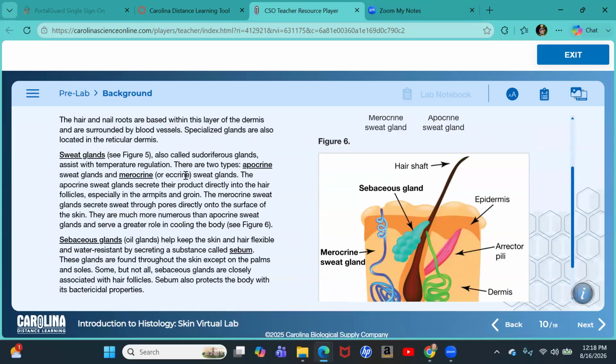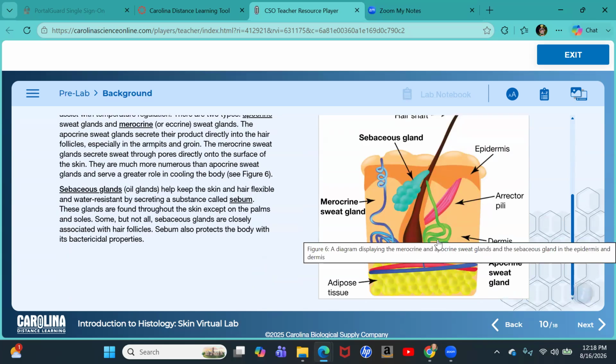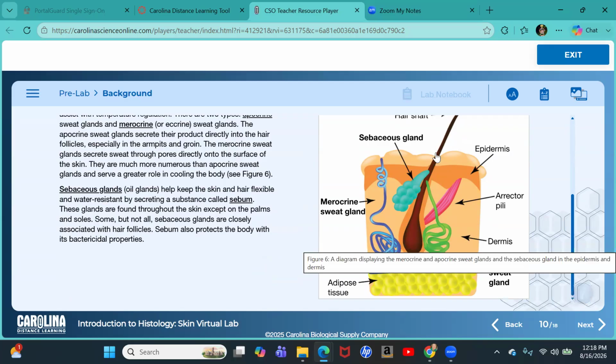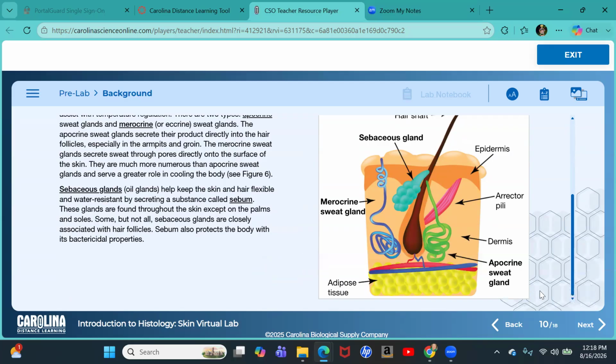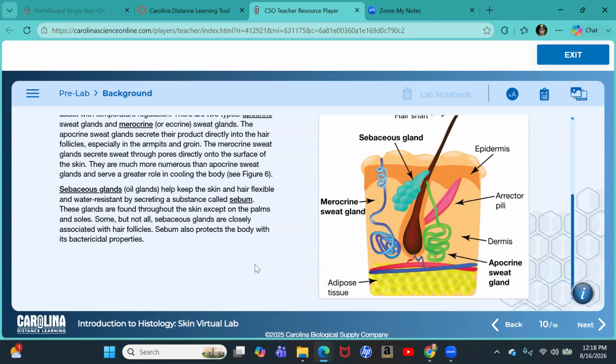The eccrine sweat glands extrude through your pores, through sweat pores, while your apocrine sweat glands secrete through the hair follicles. Your apocrine glands are more associated with pheromones, whereas your eccrine sweat glands are more associated with thermal heat control.